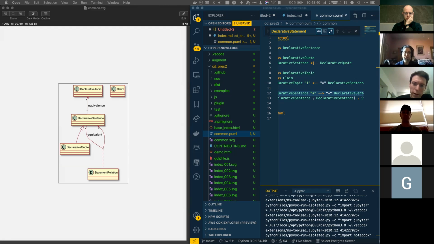Just a quick UML side note, isn't the dependency from declarative topic to declarative sentence and not vice versa? There's no use of declarative topic within declarative sentence, right? The dependency points the other way. Good question. In an ERD or in a database, I would have a foreign key from sentence to topic, because it's a many-to-one, and this is how you do many-to-one in the database.